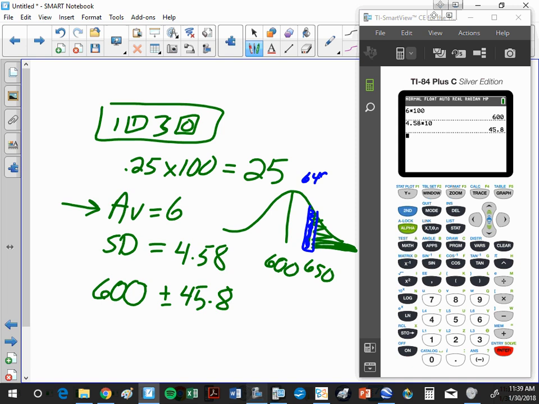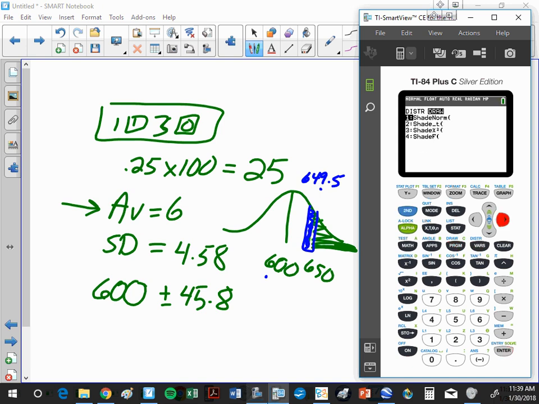How far away is 649.5 from 600? 49.5. So I take 49.5 and divide it by the SE, 45.8, and I get something close to 1.08.